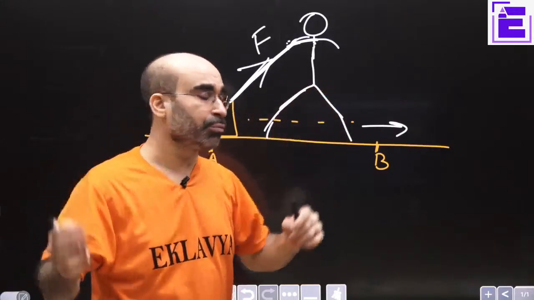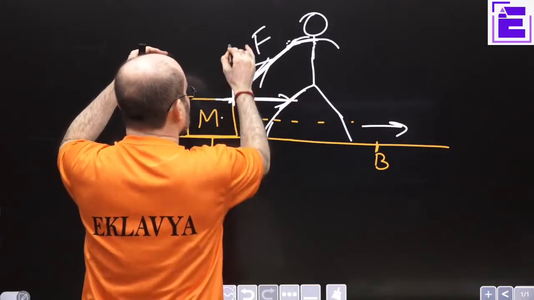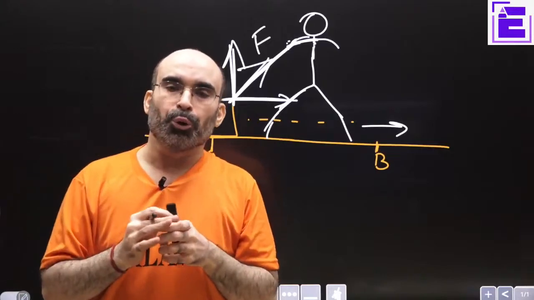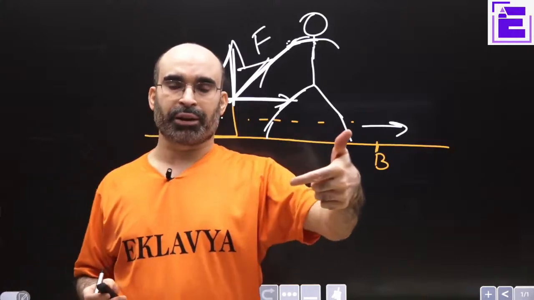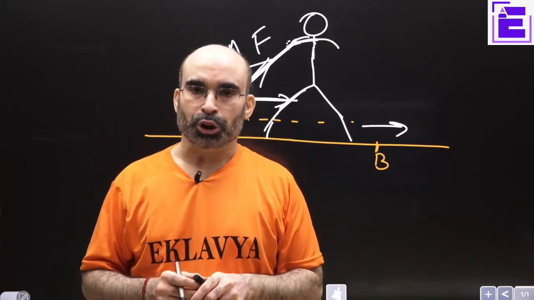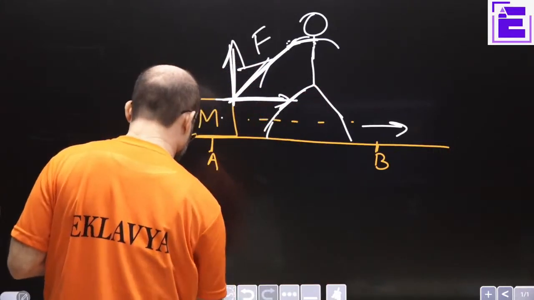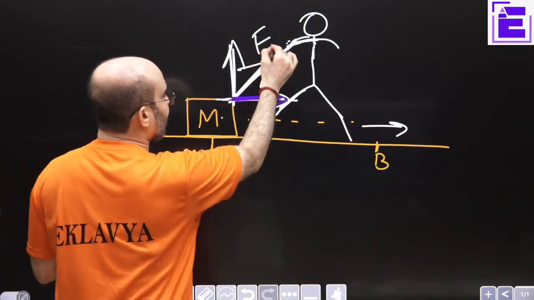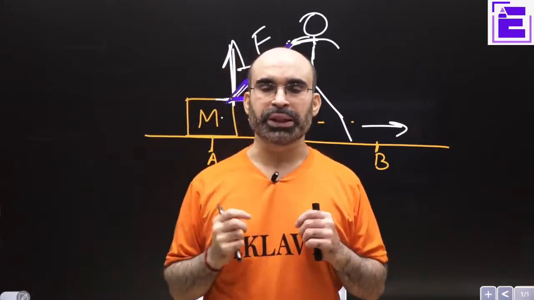So if we have the component of this along this direction and along this direction, what are we actually doing? We are splitting this force vector in two directions, right? Do you think that this component will have the same effect as this one? No, it won't.